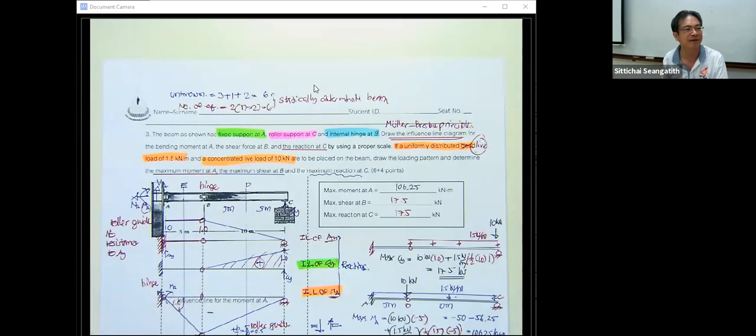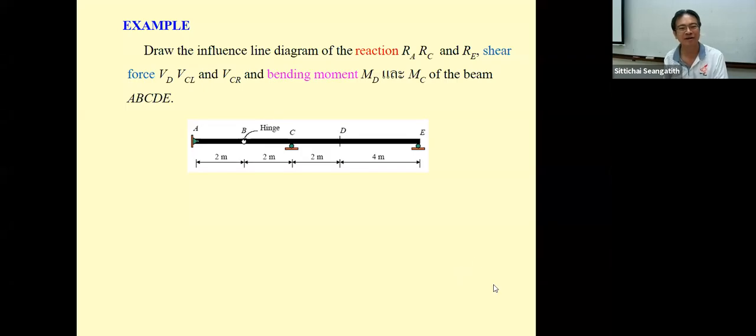Don't worry. We have the example in our PowerPoint. Okay, like this one. Actually, I teach you with this figure, and I just changed it to the one that I just showed you.